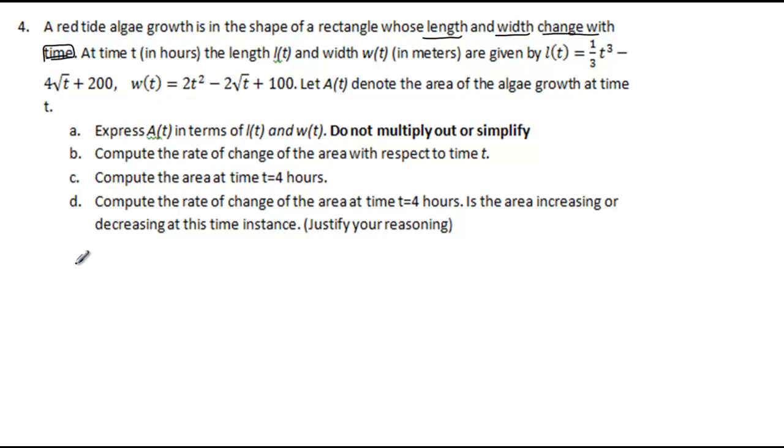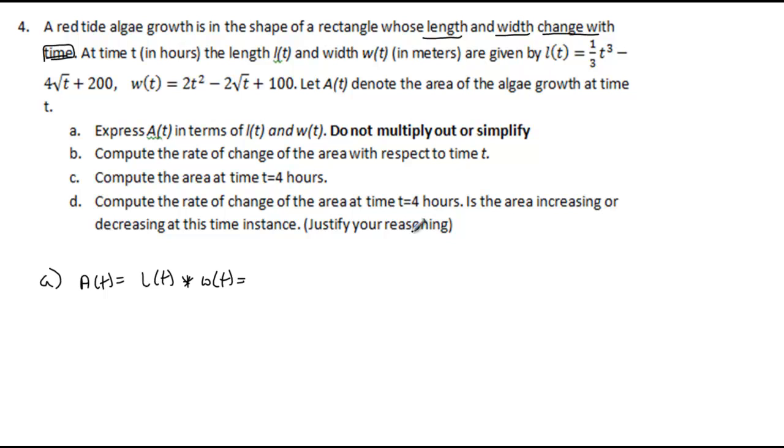So part A says express A of t in terms of length and width. Do not multiply out or simplify. So all we have to do is find our area. We know the area of our rectangle will always be equal to length times width.